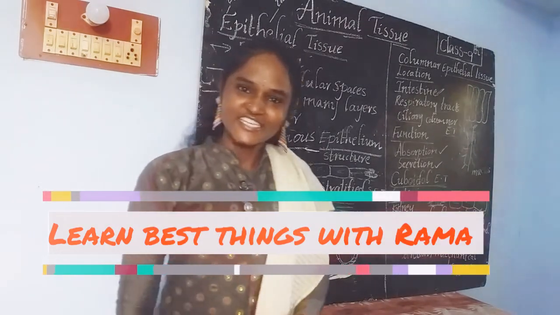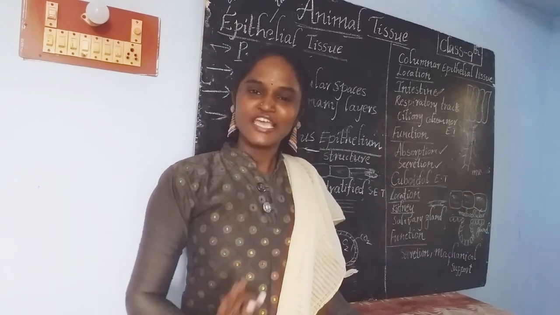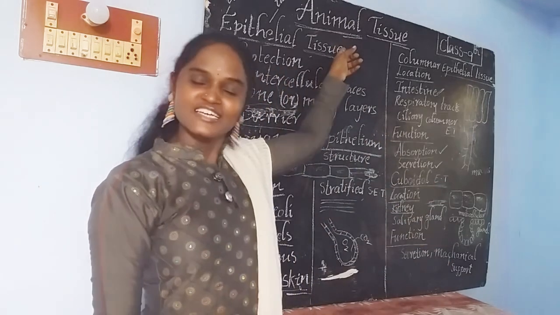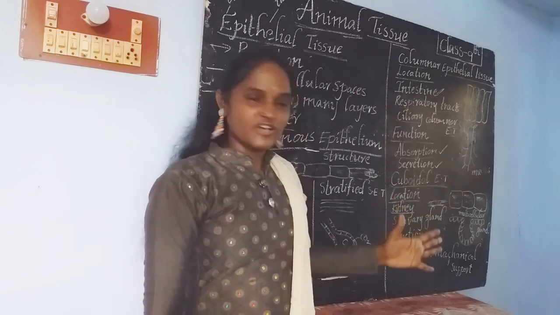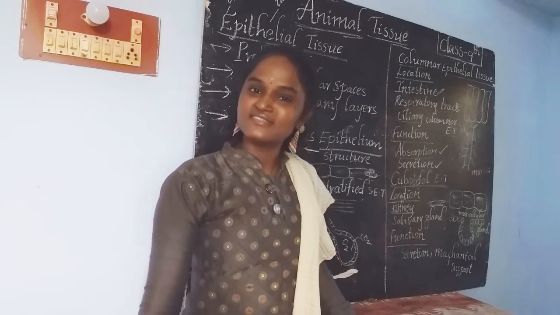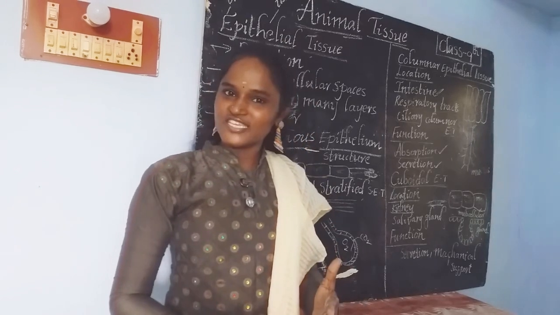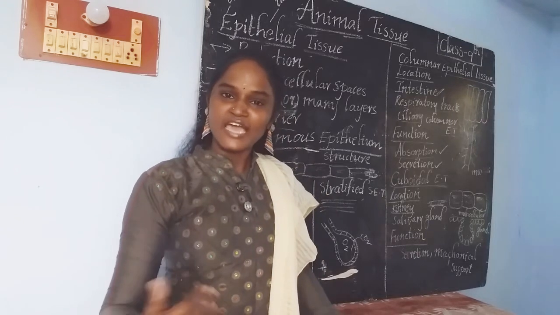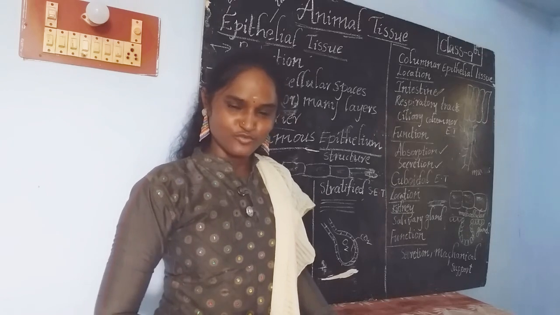Students, today we are going to discuss another new topic in your 9th class biology, that is animal tissue. Here we need to discuss different varieties of tissues present inside the animal body. Just like a plant body is made up of 4 major types of tissues, in the same manner, the animal body is also made up of 4 major types of tissues.